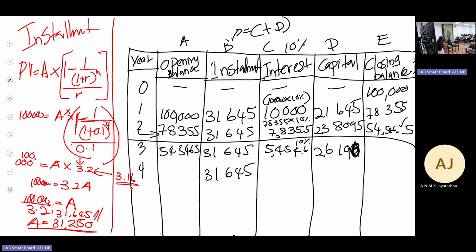Tell me the closing balance. 28,354. That would be the opening balance for the last year.